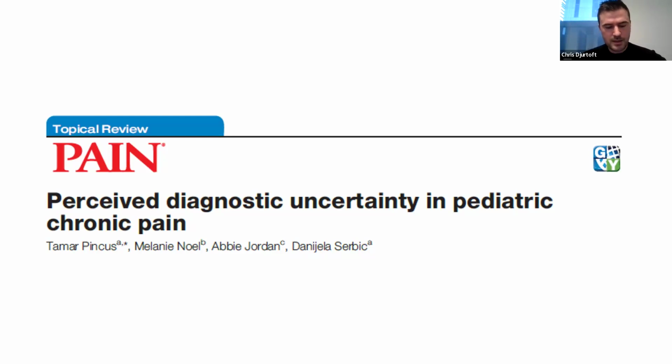We also saw that these labels and diagnostic uncertainty pose some difficulties, and adolescents and the parents struggled to comprehend these explanations that didn't always make sense when they were told why they were in pain.